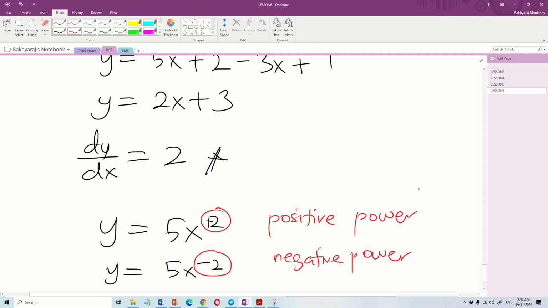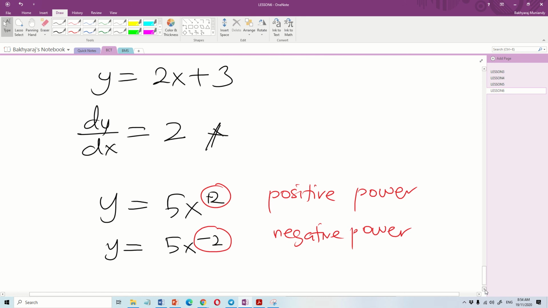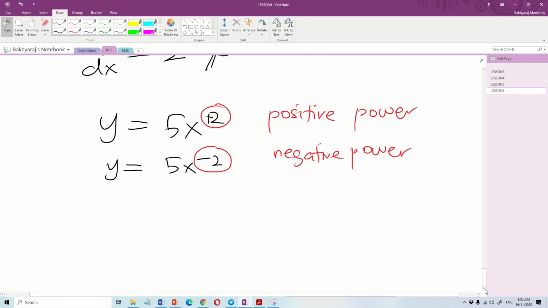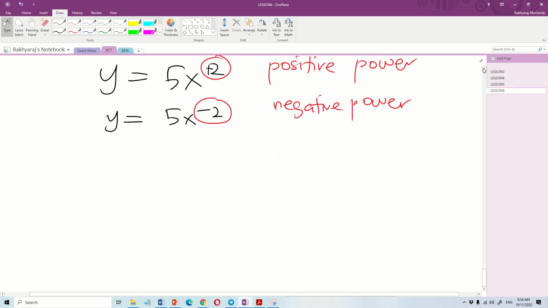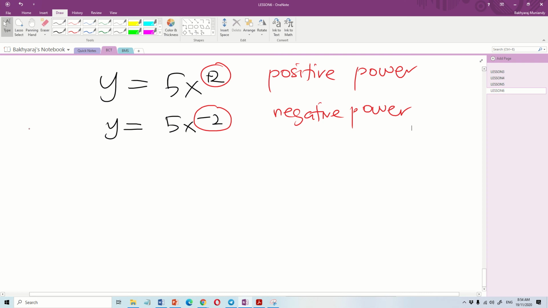The examples after this are all negative power. How do we solve this? Again, the formula is still the same. It didn't change anything. The formula is dy dx equals a n x to the n minus 1. Nothing changes in the formula.